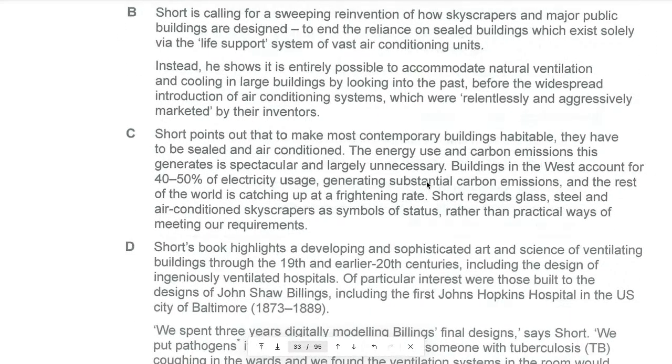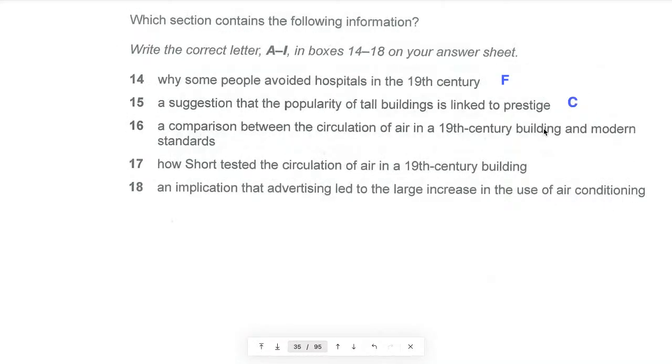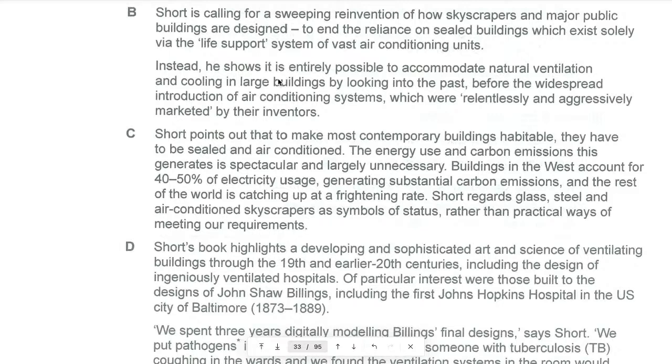Now, explain them. Why do you think that is the answer?